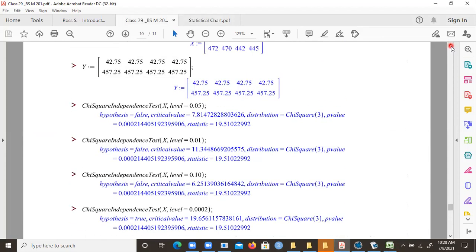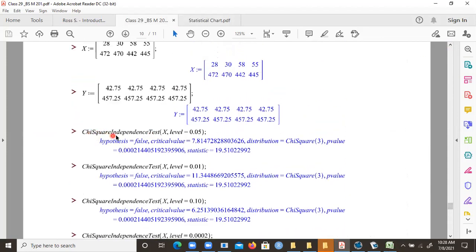I'm talking about this command, chi square independent test at level 0.05. Whenever I'm typing this command, behind the screen, various other complicated mathematical programming is being played. It is calculating the integration. I do not know how they have written the code because I am not a computer expert.